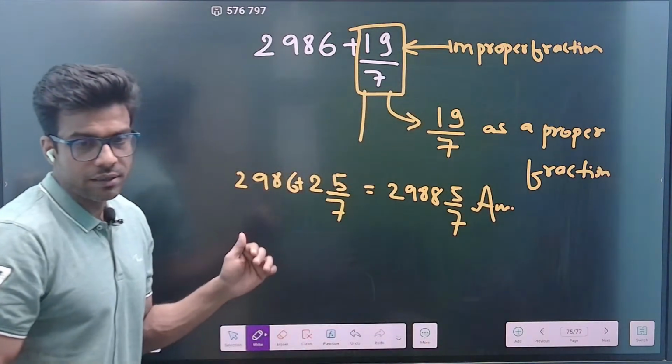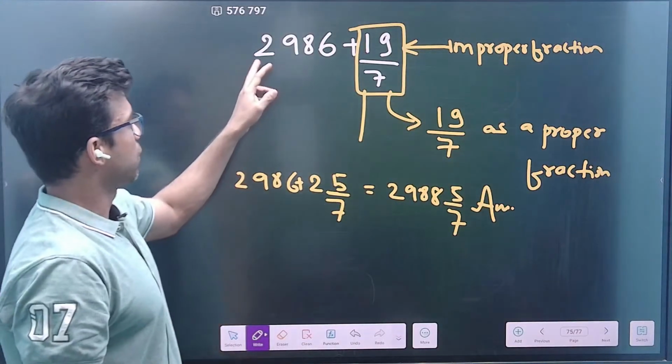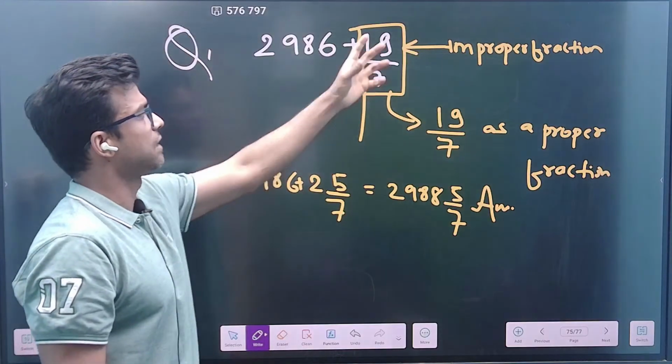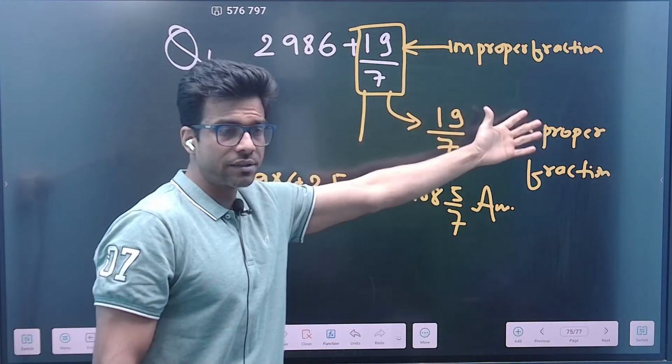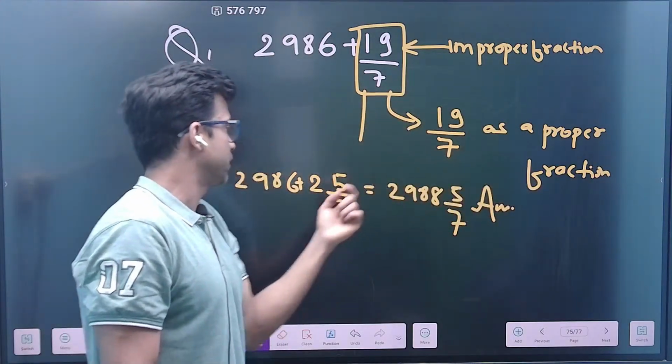If you see this part, slowly you will observe what I'm saying. If the question was 2986 plus 19 by 7, the point is that 19 by 7 is an improper fraction, not a proper fraction. So I've converted this 19 by 7 to a proper fraction. How?